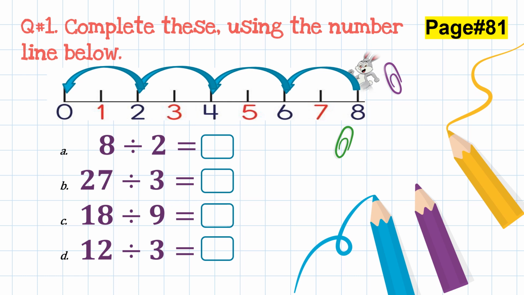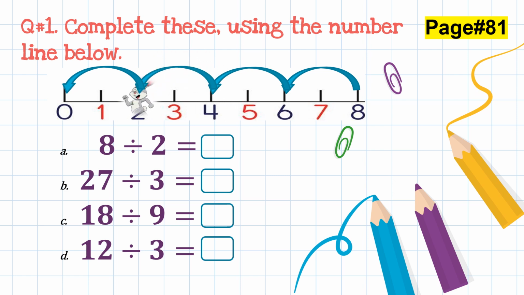In the first step the bunny subtracts 2 from 8 and jumps to number 6. Again 2 is subtracted from 6 and the bunny moves to number 4. Now subtract 2 from 4 and the bunny jumps to number 2.